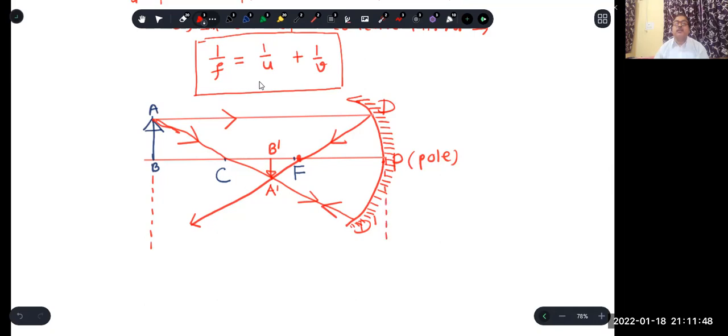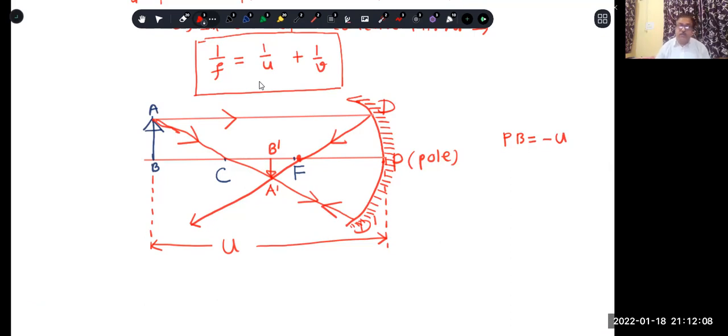And this very distance of the point B is taken as u. So we will write the value of the object distance P to B. We will write minus sign here with the sign conventions because object is placed in front of the mirror. So negative sign is placed for the value of PB.